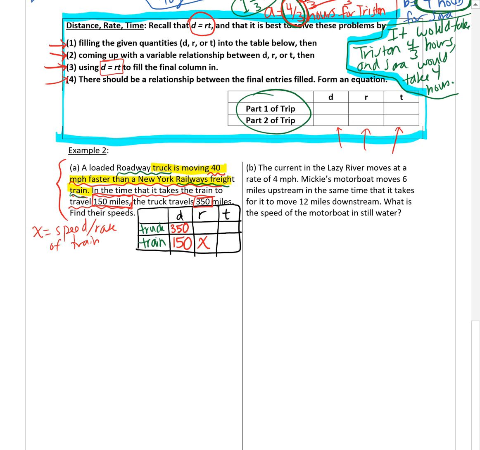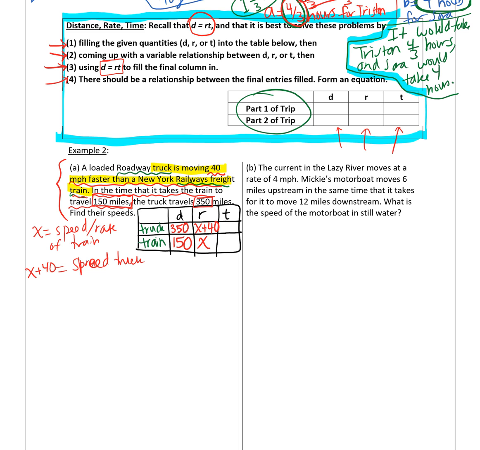Then the speed of the truck is going 40 miles an hour faster. That would mean his speed is the same as the train, whatever it is, X, plus 40, because it's faster. So I think that'll help me fill in the rate. Remember, rate is the same thing as speed. It's just a different way to say it. Alright, so if the train was going X miles an hour, the truck's going 40 miles an hour faster, which is X plus 40. Okay, we got step 2 down.